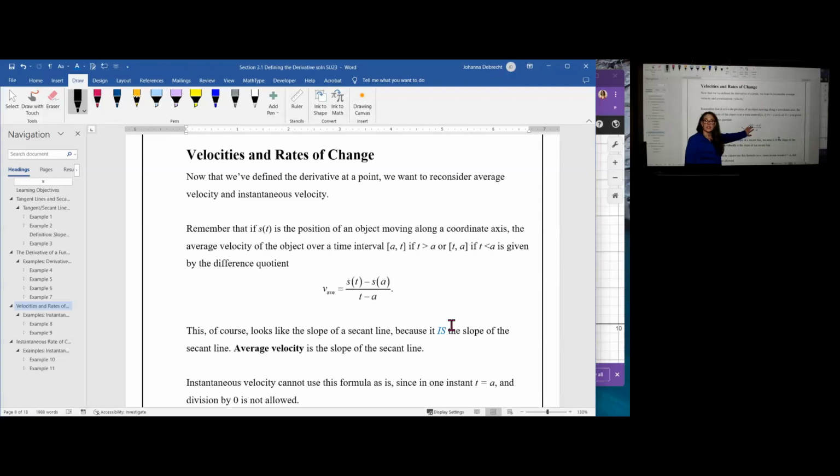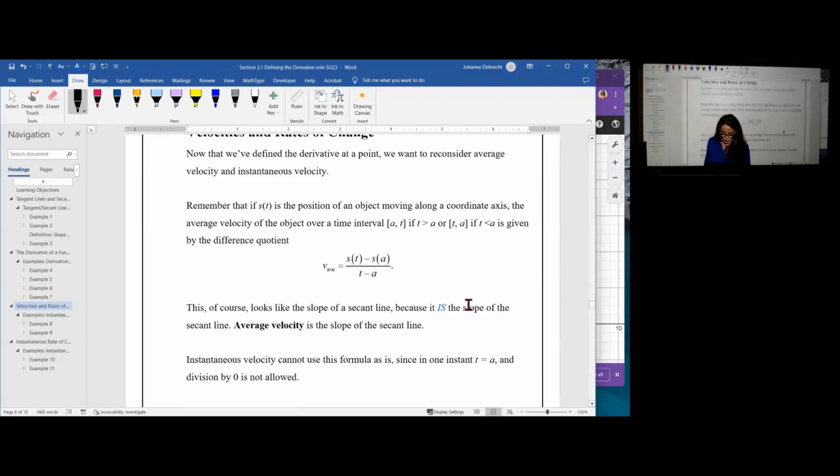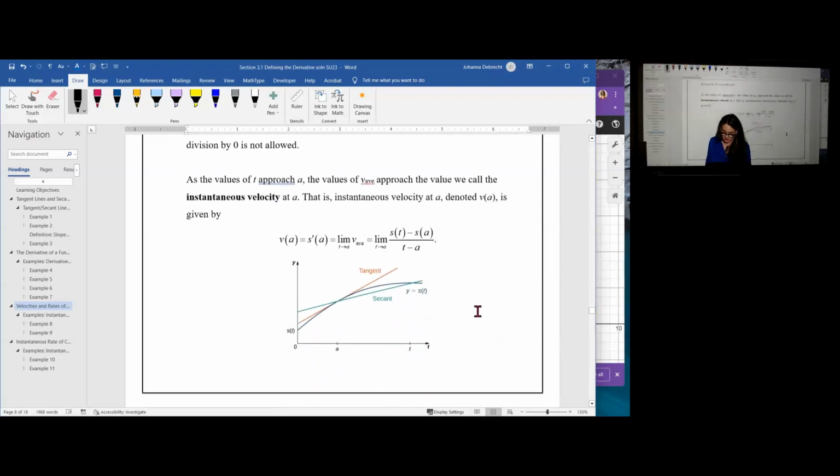If s(t) is a position function, then (s(t) minus s(a)) divided by (t minus a) will give us the average velocity over the interval from a to t, or t to a, depending on which side of t it's on. Now, this, of course, is the slope of the secant line.